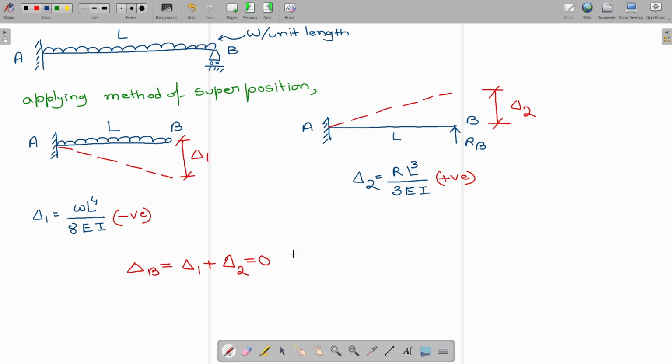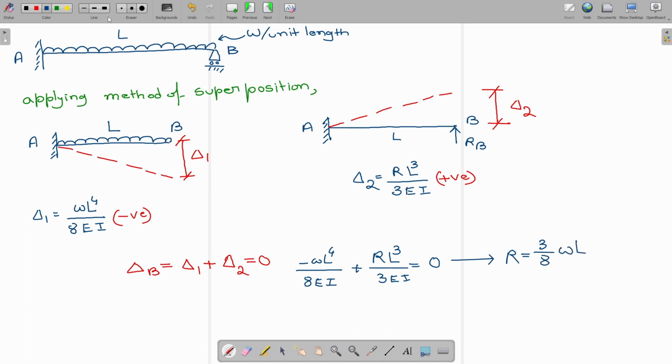So here we can write that minus of WL to the power 4 by 8 EI plus R L cube by 3 EI is equal to 0. After solving, we get that R is equal to 3 by 8 W into L.